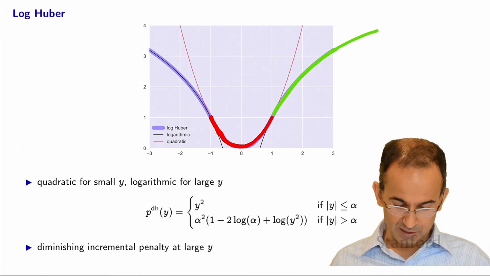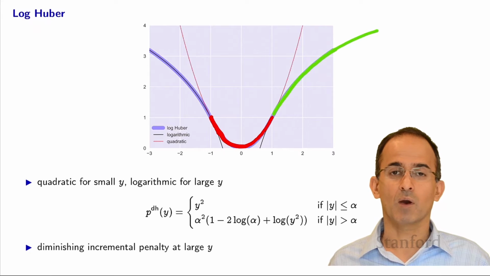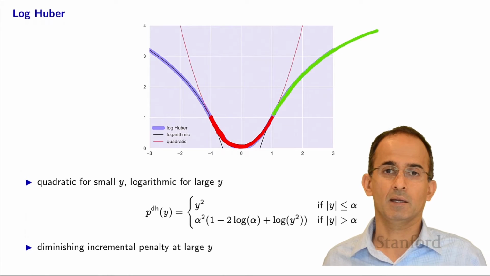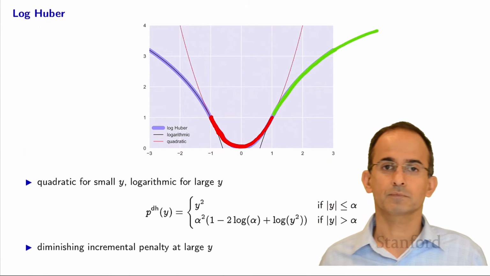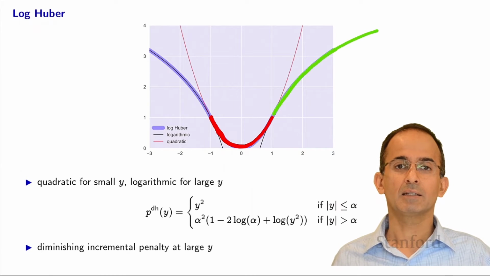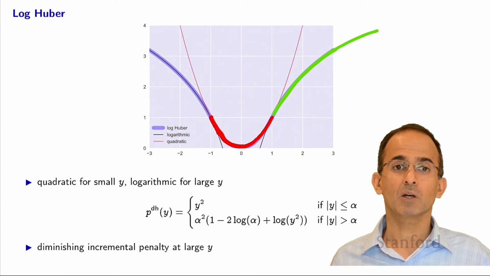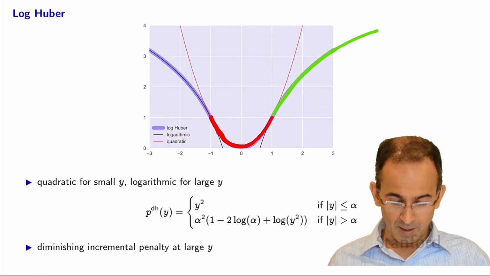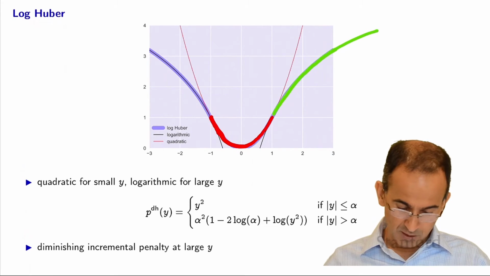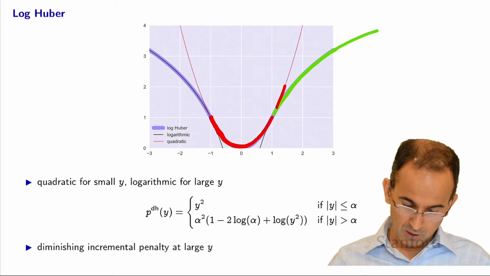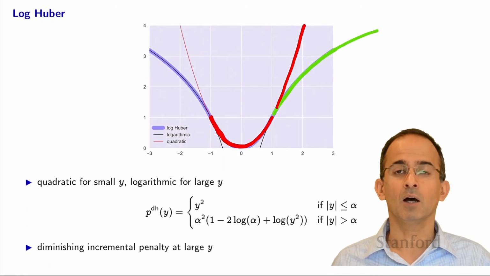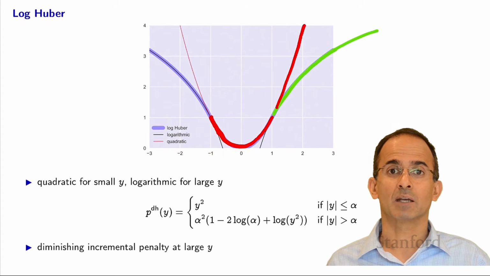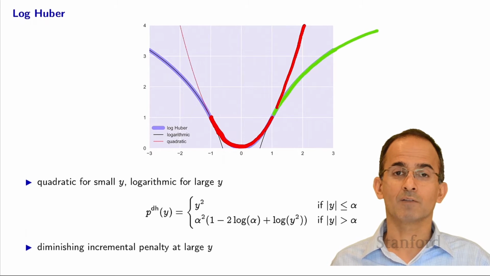Notice that even though it says log y squared there, of course the log of y squared is just 2 log y. So we've got something which is quadratic for small y and logarithmic for large y. And that means that when we compare this with the quadratic loss at large R, we're really discounting very large residuals.